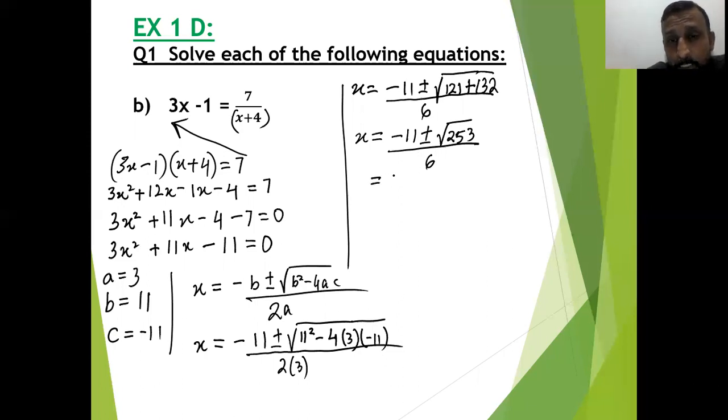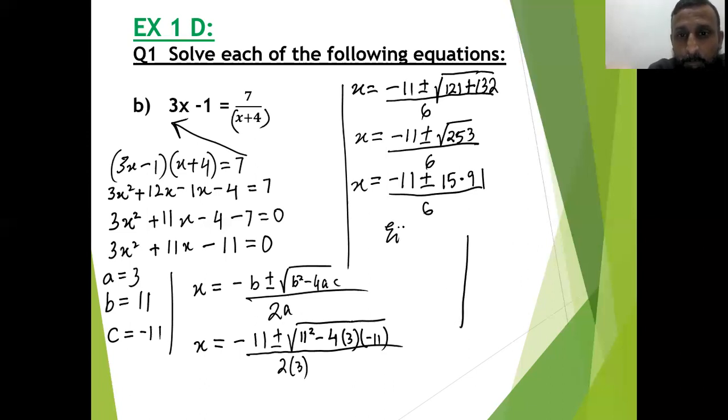So the answer for this is negative 11 plus minus root 253, which gives the result as 15.91. So again, now we need to make two columns, either or.